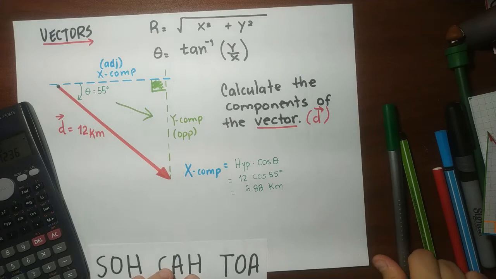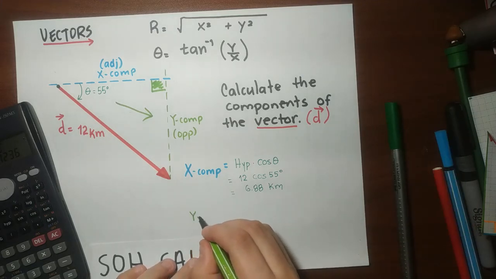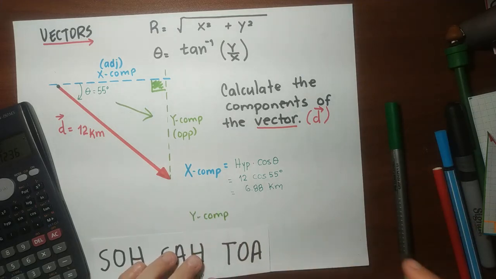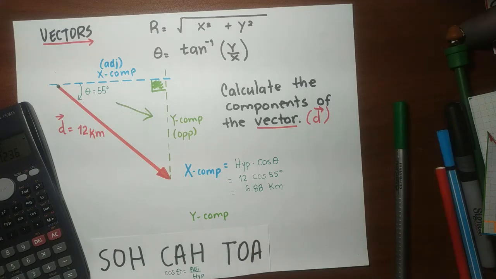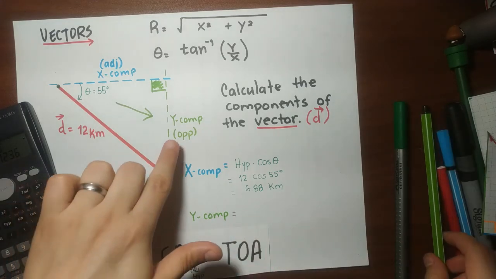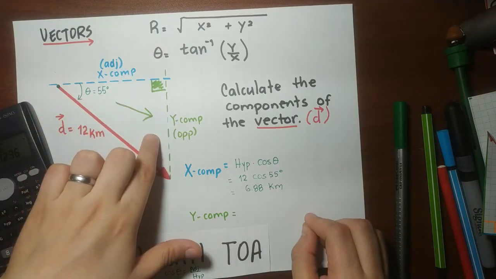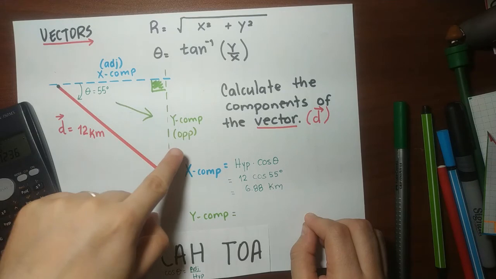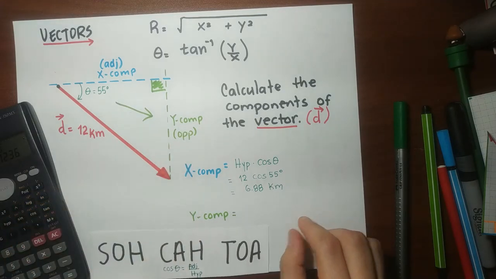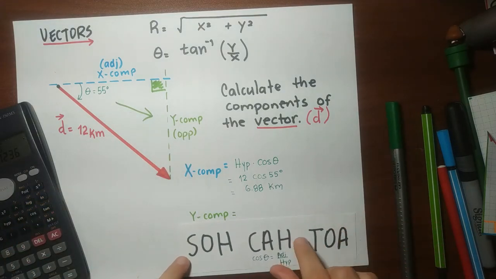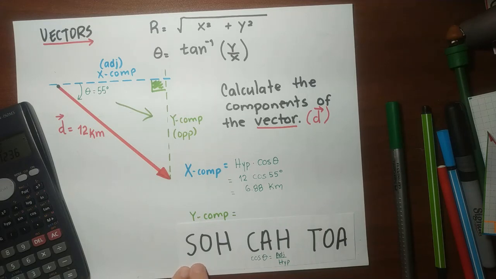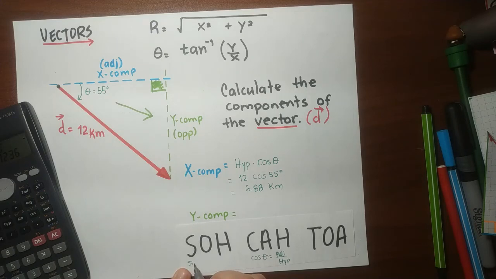So if I want to calculate now my y component, take a look. How is my y component related to the angle? It's in front. As it is in front, we say this is opposite. And as it is the opposite, we can use SO to calculate the opposite side. How? By definition, sine of the angle equals opposite over hypotenuse.